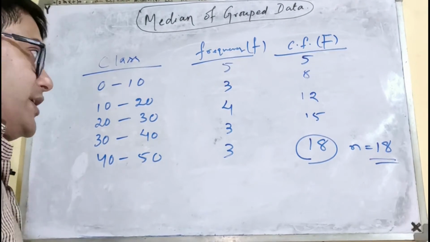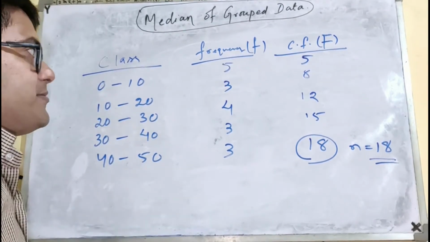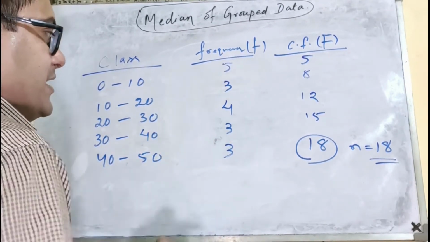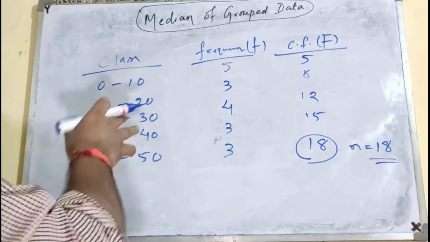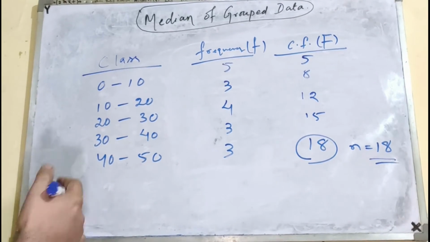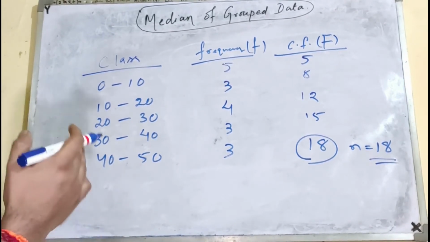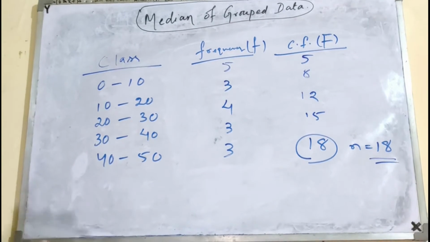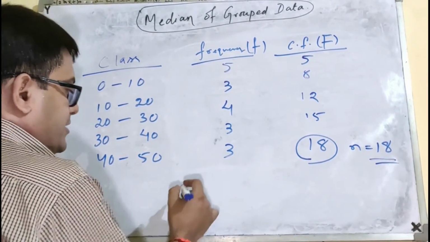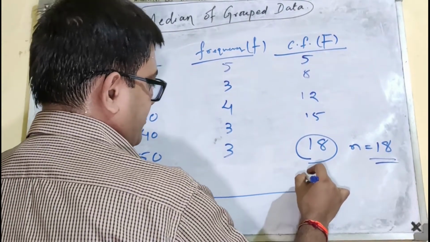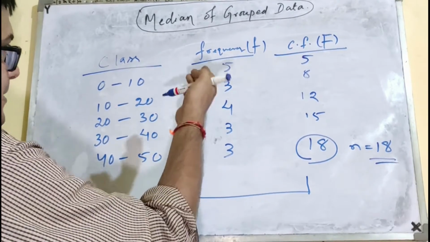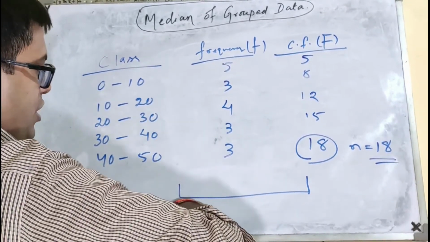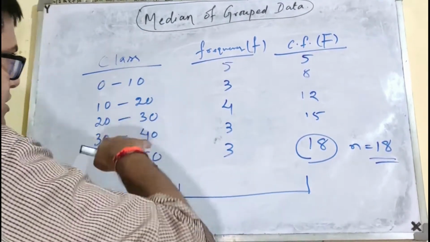So what do you do then? The concept remains the same: if n data points are there in the group data, then again the median has to be the mark in this ordered data set that separates the top half from the bottom half. So again, it is the same concept. Basically, we are making an assumption of an ungrouped data set corresponding to this group data set.